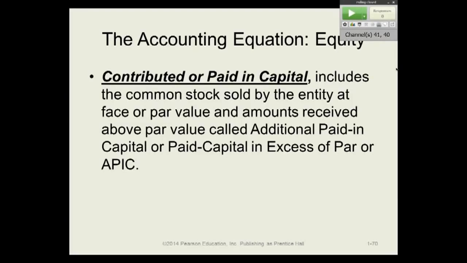And for us, we're going to skip comprehensive income. And retained earnings. So the contributed capital, again, is the amount that is paid in by shareholders or invested by shareholders.